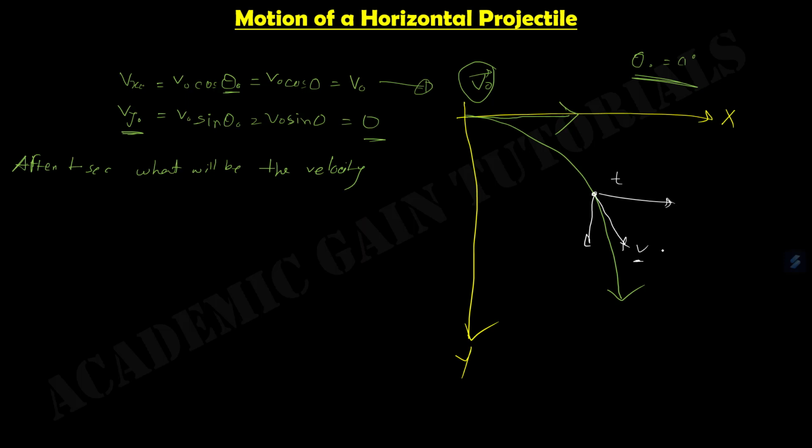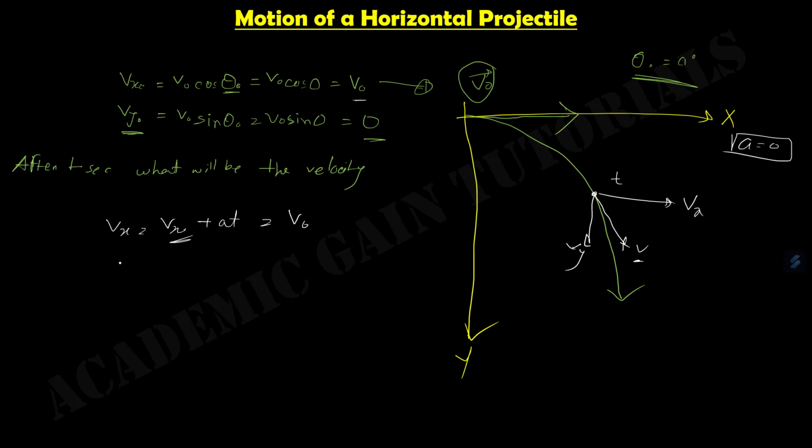Along the x-axis, the component of v is vx and along the y-axis the component is vy. For vx, from our previous lecture, we can write vx0 plus at. And along the x-axis acceleration a equals 0, and vx0 equals v0, so we can write vx equals v0.